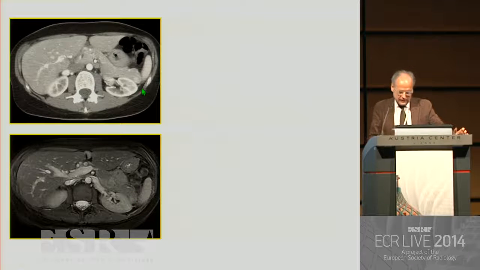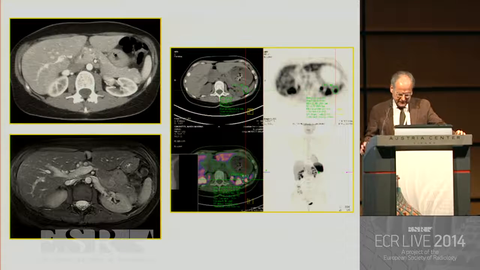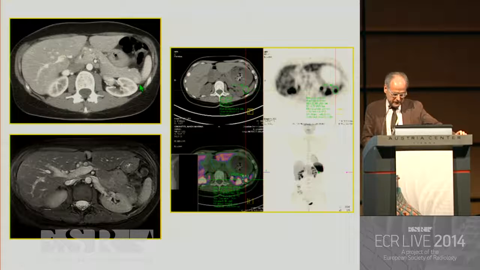Well, this was a relatively asymptomatic patient, and we can consider these findings an incidental finding, but the patient moved to a PET-CT scan. And this PET-CT scan confirmed the presence of the supposed lesion in the tail of the pancreas with elevated SUV.